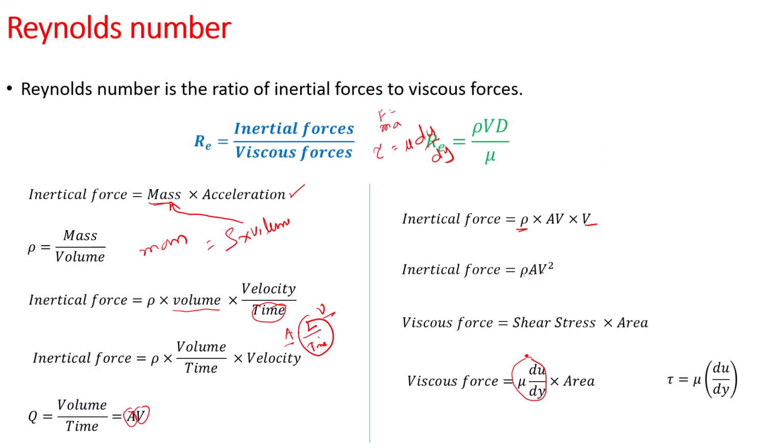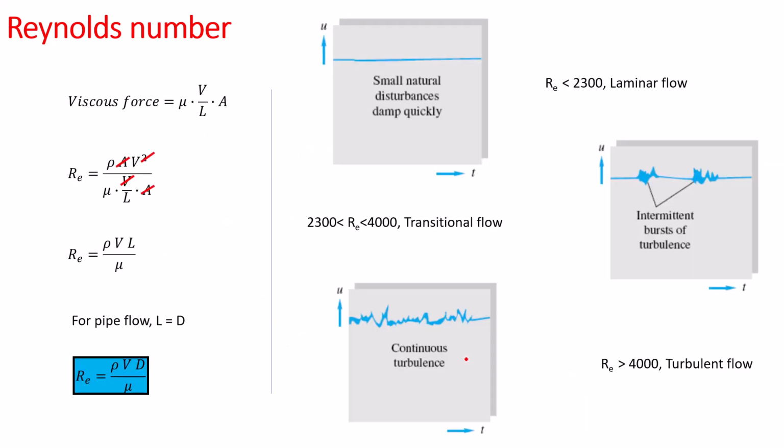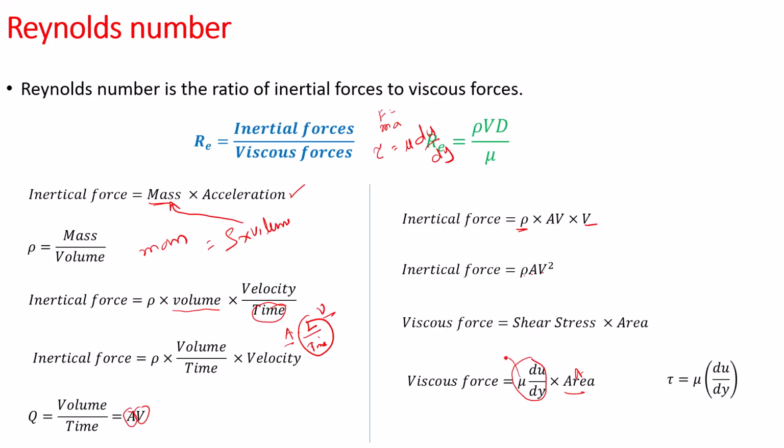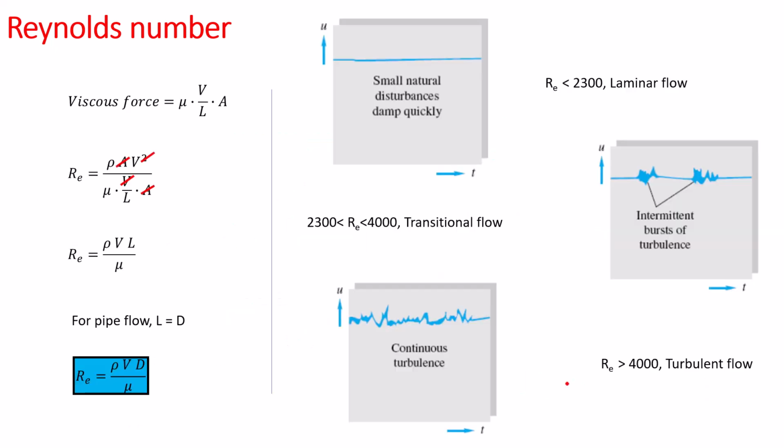this form. So now you can see that this area will remain the same. The mu will be the same, and for the complete geometry, this du will be a velocity, and this dy will be a length. Okay, so we can write mu v upon L into area.